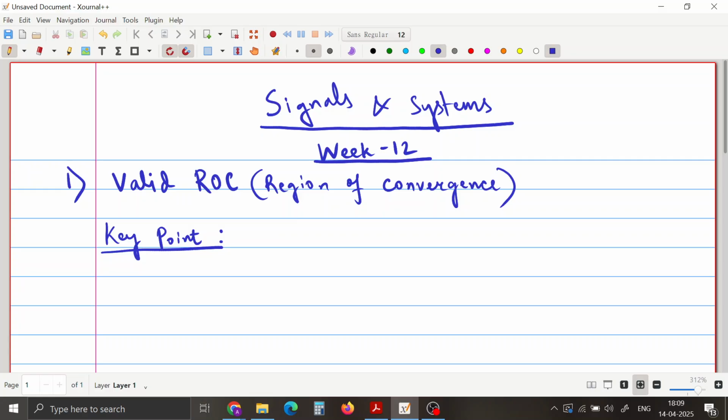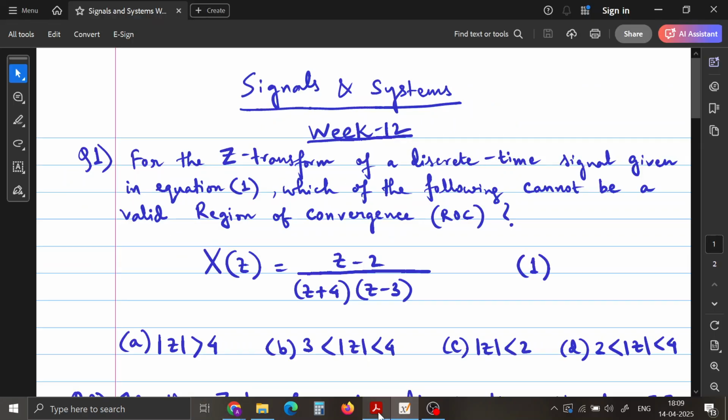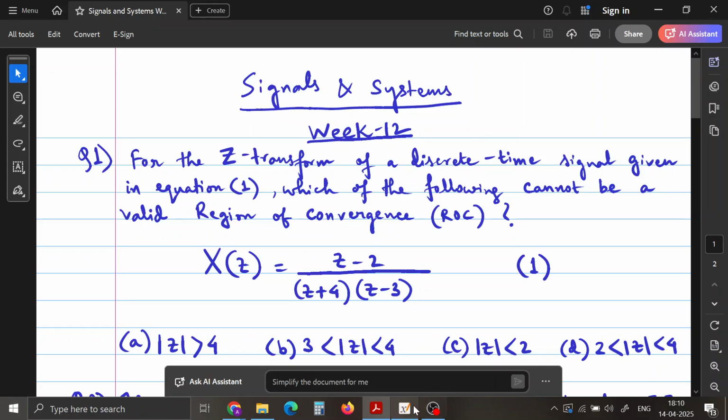For example, in our question, X of z has this form. The denominator is the product of these two terms, z plus 4 and z minus 3. So the roots of the denominator polynomial will give you the pole locations, and similarly the roots of the numerator polynomial, which is at z equals 2, will give you the zero location. So these are the zero and pole definitions. We have seen this before also.